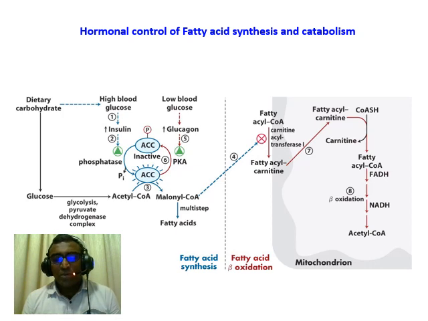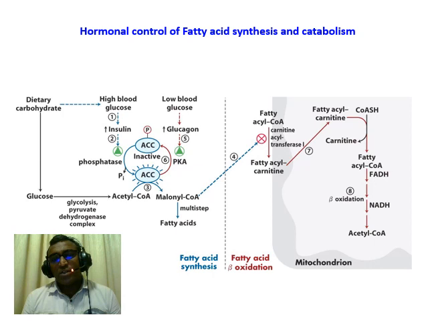Here I talk about the regulation of lipid metabolism. To get directly to the point, it involves the synthesis on the left that is happening in the cytoplasm, while on the right, inside the mitochondria, is the beta oxidation itself.